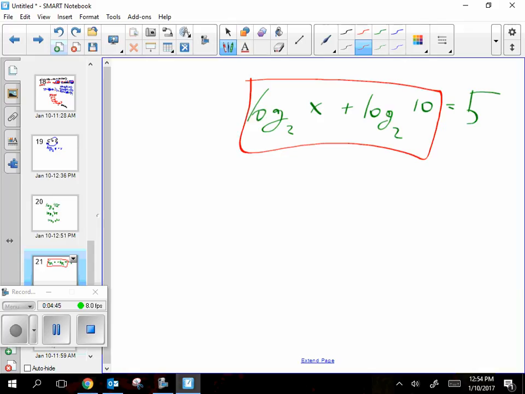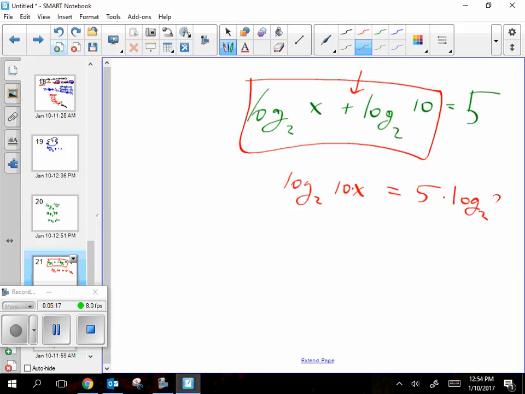All right, so you should have condensed that down to log base 2 of 10x equals 5. Why? Because add turns into multiply when you are condensing logs. Now there's a couple ways you could solve it. One way would be, do you remember me telling you that you could always multiply by 1 creatively?